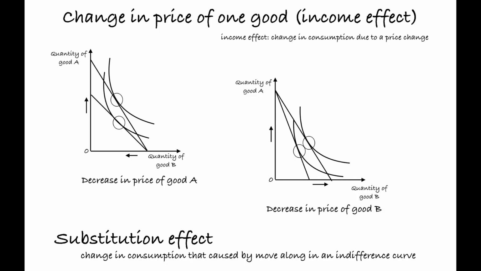Substitution effect is a change in consumption caused by a move along an indifference curve. For example, when there is a decrease in the price of good A, people will buy more good A because with the same amount of money, they can afford more good A. And also, they will like to have more good B because as the price of good A decreases, they have more spare money to buy good B. Also, in the example of a decrease in the price of good B, people will be able to afford more good B, so the consumption of good B will increase.